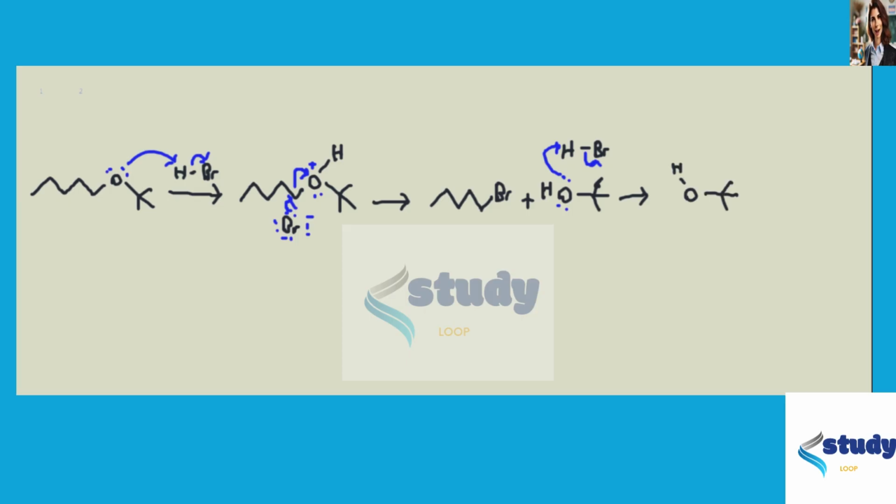When that happens, it's going to have just the one lone pair now and a positive charge on it. Now it's ready to leave as water, and that is indeed what will happen. That gets us to this carbocation.